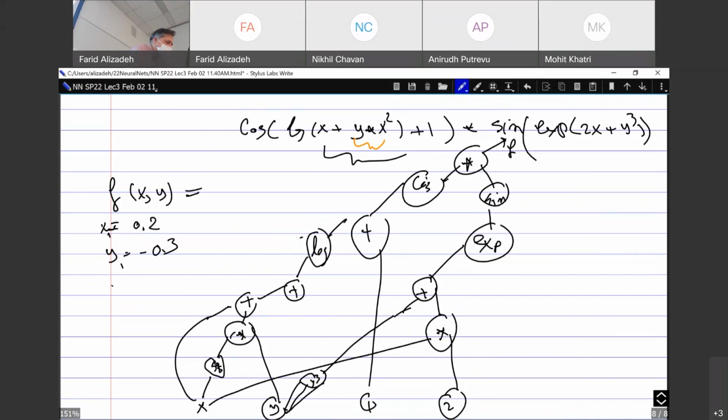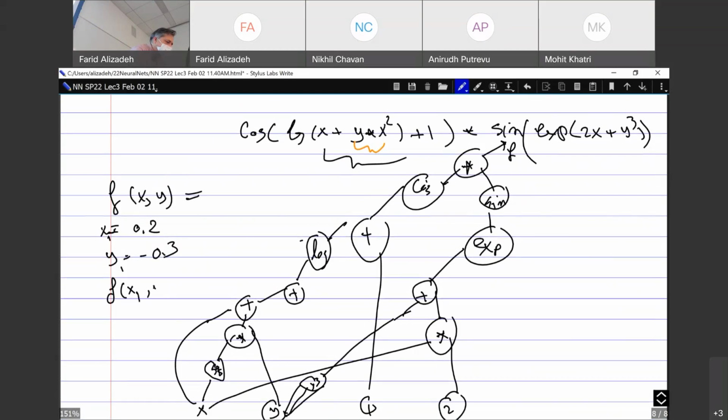I want to compute this. I want to be able to plug in the values of x and y for specific values, and then compute this.